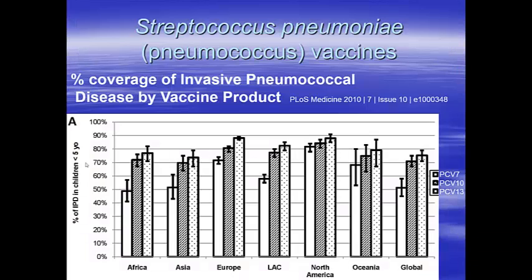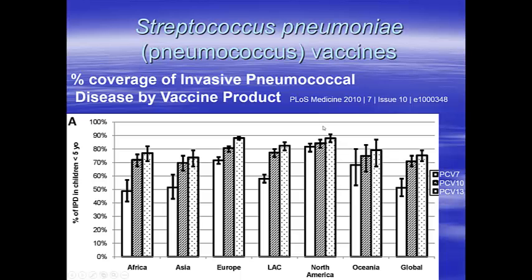So this graph repeats that point. If you look at the different pneumococcal vaccines, PCV7 covers the 7 most common serotypes, PCV10 covers the 10 most common serotypes, and PCV13 covers the 13 most common serotypes. So of course, as you go up in the serotype coverage, you're increasing the percent of children that you're protecting, and that's true in all areas of the world.